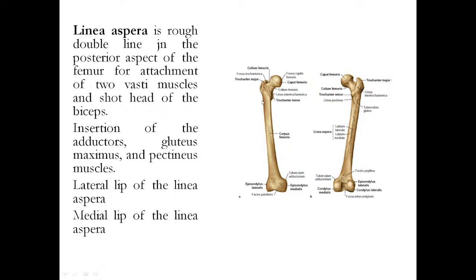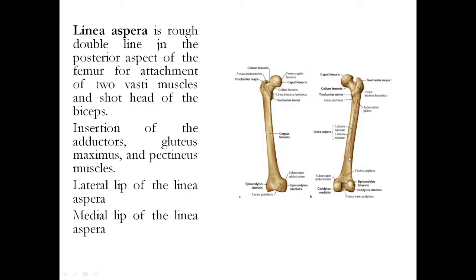On the posterior side is located the linea aspera. Linea aspera is a double line on the posterior aspect of the femur for attachment of the two vasti muscles and the short head of the biceps.